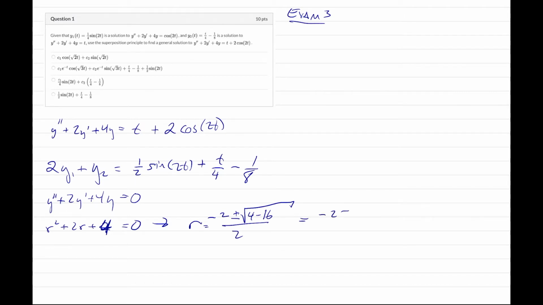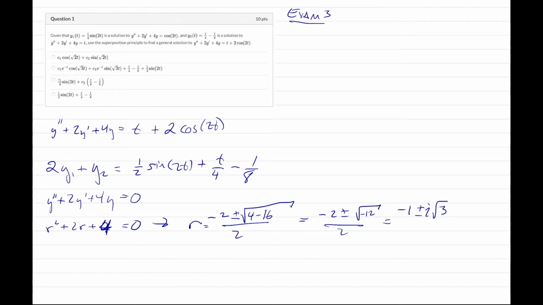So it's going to be negative 2 plus or minus the square root of negative 12 over 2, and this is negative 1 plus or minus i times the square root of 12. Square root of 12 is square root of 4 times 3, so it's going to be 2 root 3, and so it's just going to leave us with root 3, right?